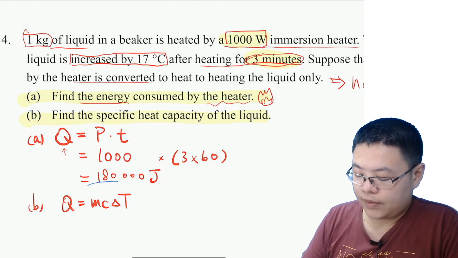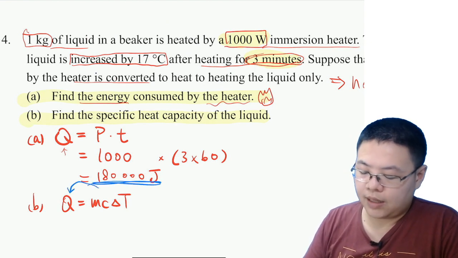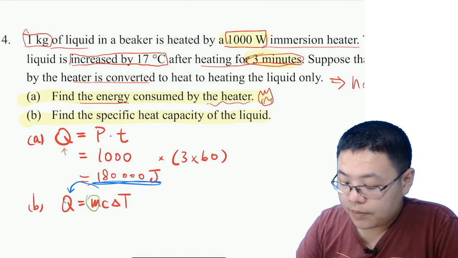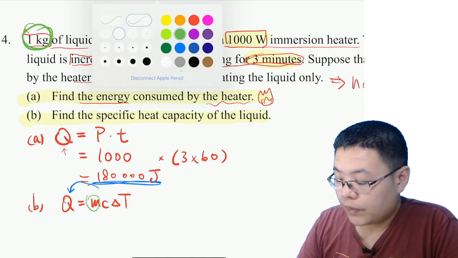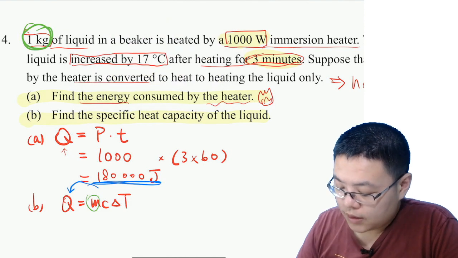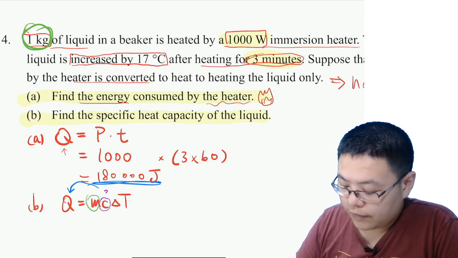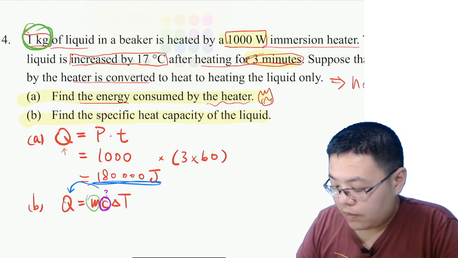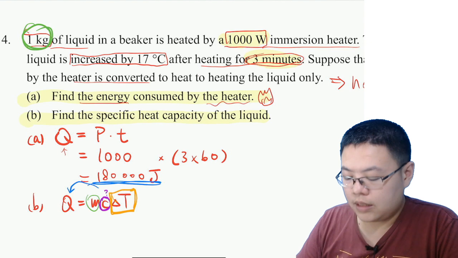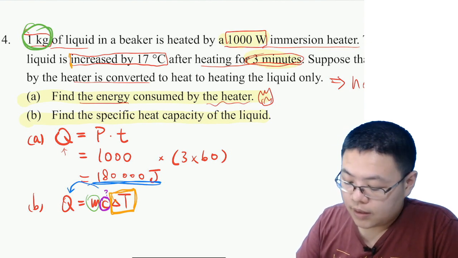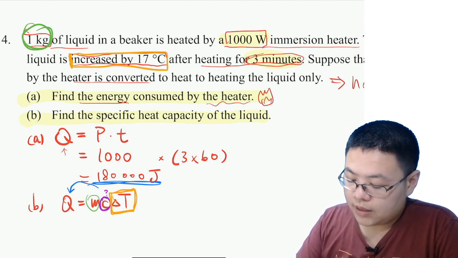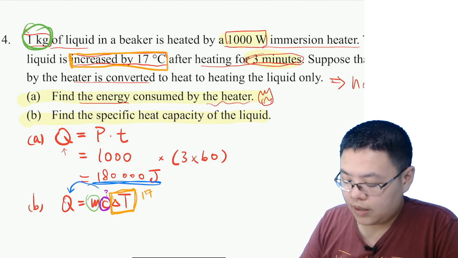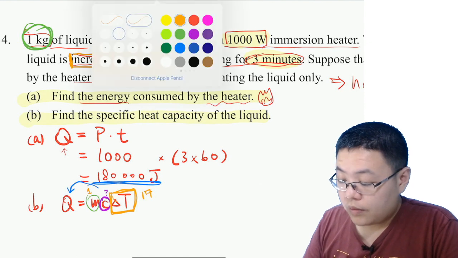So by logic, this value is then plugged in here. And then what is the mass? Mass is 1 kilogram. And then what is the C? C is what we are after, so this is the variable we want to calculate. And then what is delta T? Delta T is change in temperature, and since it says increase by 17 degrees Celsius, so delta T is 17.